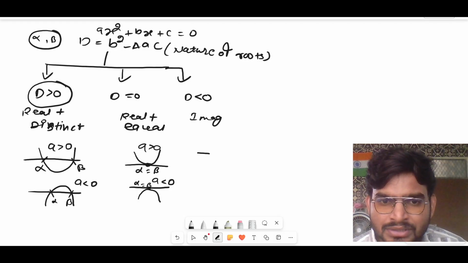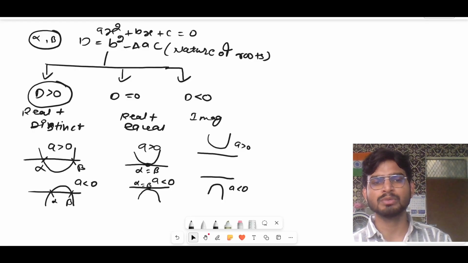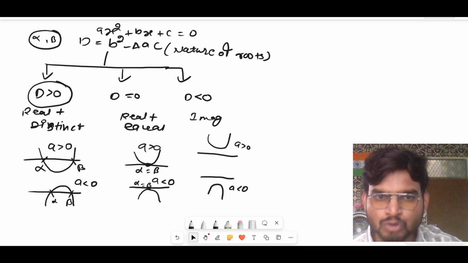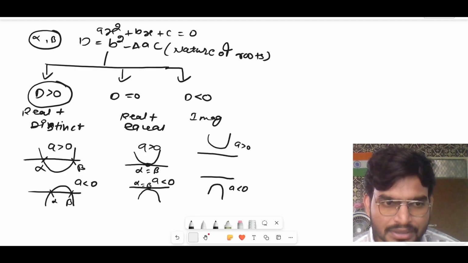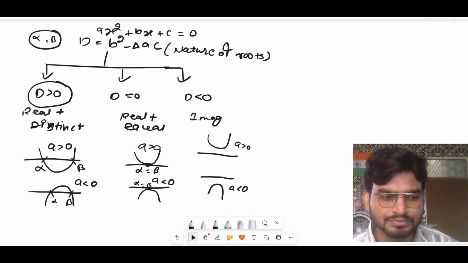And imaginary means the graph will look like this or this, for a greater than 0 and a less than 0. This type of graph we will get for the different values of D. So from this we can find the nature of the roots.